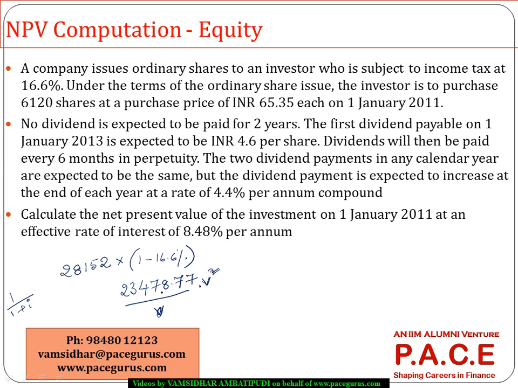So I can write this part as 23,478.77 V squared. The second dividend will become 23,478.77 V to the power of 2.5, because I am going to receive one more 23,000 at the end of 2.5 years.